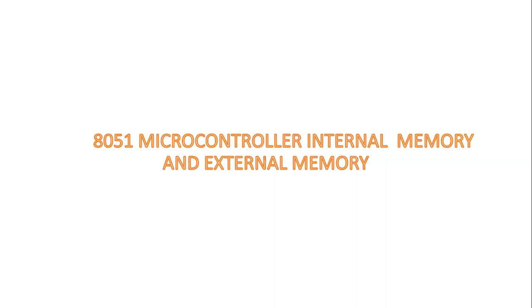Coming to the architecture of the 8051, this microcontroller consists of 4 KB of internal ROM and 128 bytes of internal RAM. It has 4 input and output ports, 1 serial port, and 2 timers and counters, in addition to the microprocessor, which is the main part.